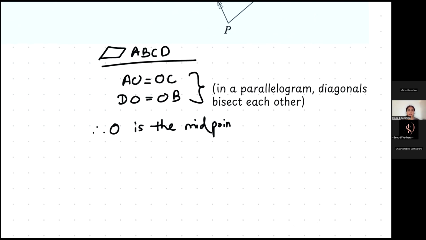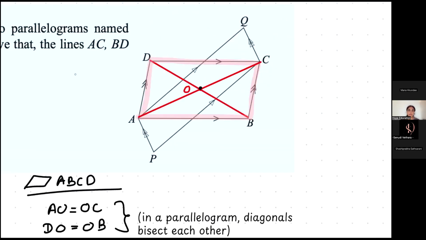Oh, sorry. I'll erase this. Okay, just leave it. Let's look at APCQ.